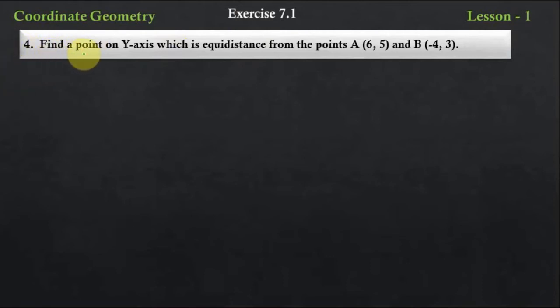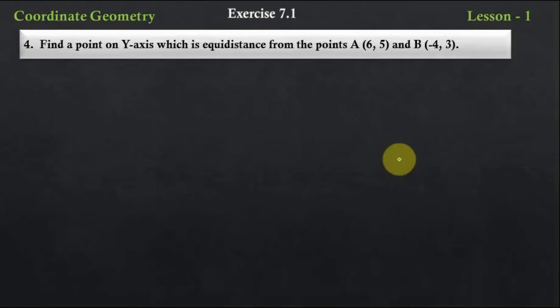See here, find a point on y-axis which is equidistant from the points A (6, 5) and B (minus 4, 3). See, point on y-axis means what? First you must know this. This is very, very important. So point on y-axis means x coordinate will be 0.